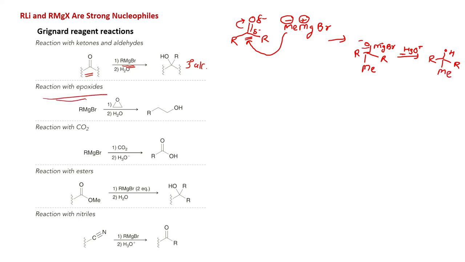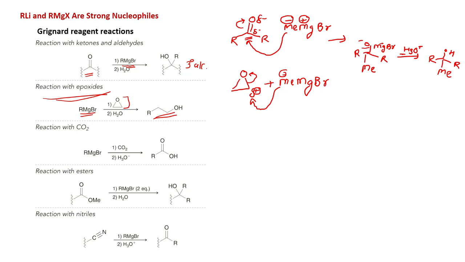Now reaction with epoxide. Your Grignard reagent reacting with epoxide will give you primary alcohol. So the mechanism is: oxygen will withdraw electron, it will create a carbocation here. So methyl magnesium bromide, now you know what kind of reaction will happen here.